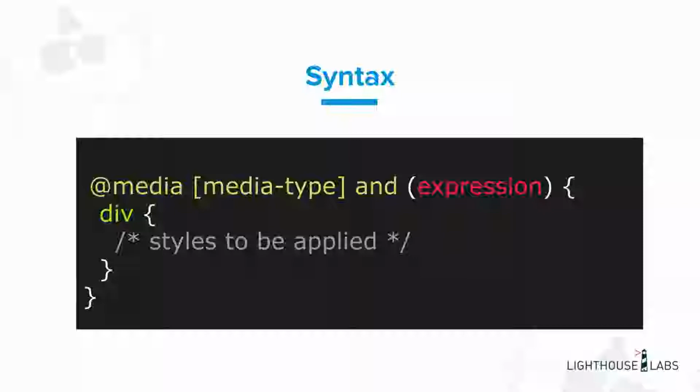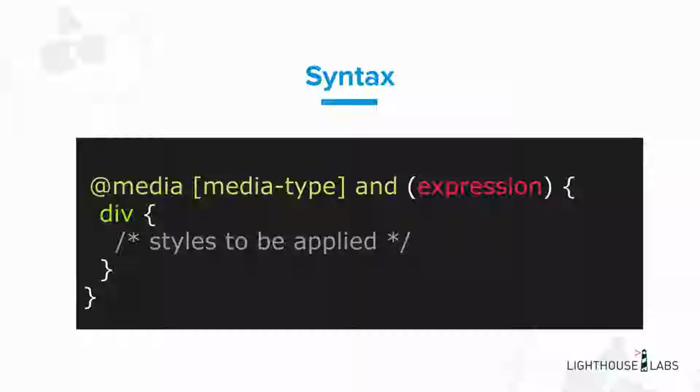So this is what a media query looks like, and this is the syntax for it. The first part is we state media. This is the keyword that says, hey, we're applying responsive design now. And then the media type, which is going to be screen in our case. There's also print and speech, print being for printers and speech being for screen readers, but we don't need to worry about those.